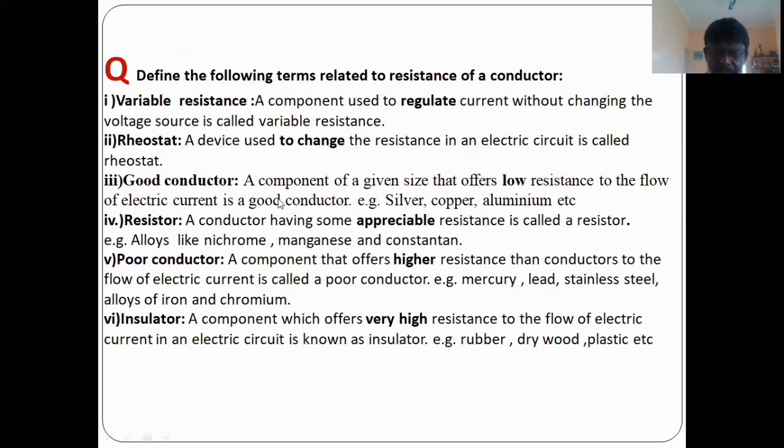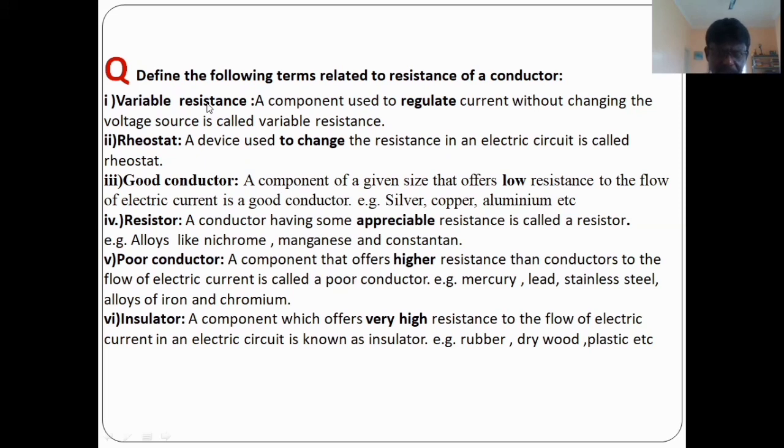Now, with the knowledge of resistance, we shall try to define some important terms related to conductors.